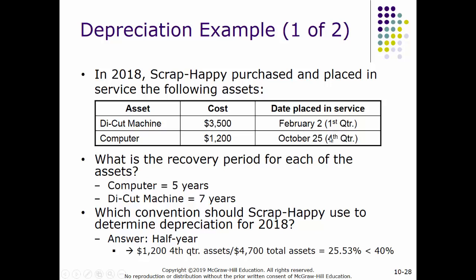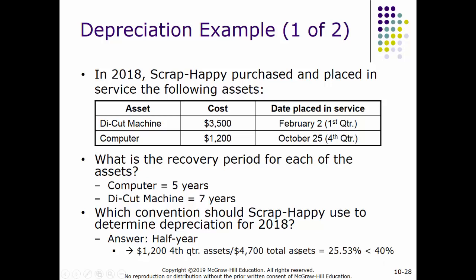Whenever assets are placed in service in the fourth, we always have to check immediately to see if more than 40% of the assets purchased that year and placed in service were placed in service in the fourth quarter. If so, they're subject to mid-quarter convention. If not, we can use half-year convention. 1,200 of the total, which is 47, is 25.53%. It's far less than 40%. We don't have to worry about mid-quarter.